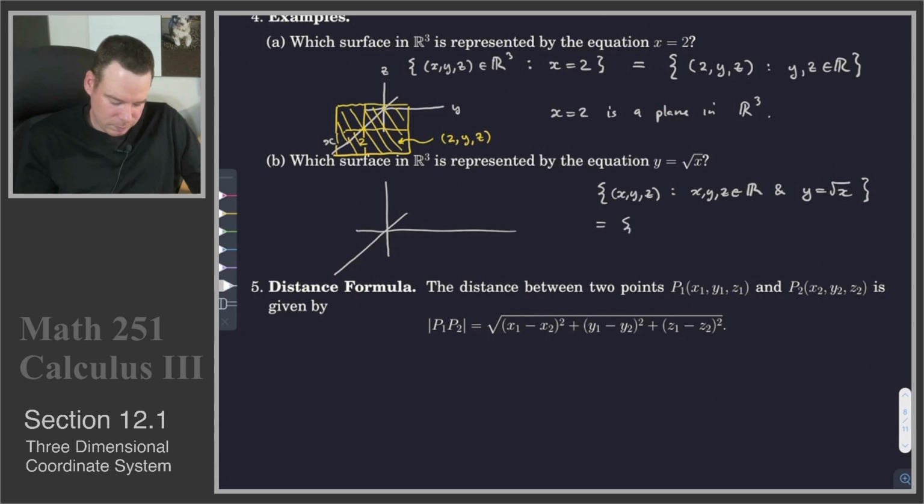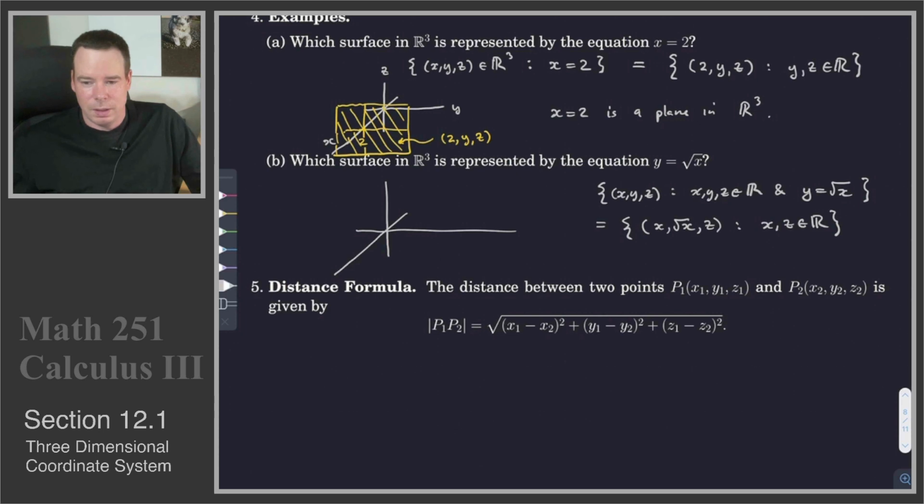Or in other words, this is the set of all points x, root x, and z, such that x and z are in R. So knowing the x value forces me to take a certain y value, but the z value can be anything.